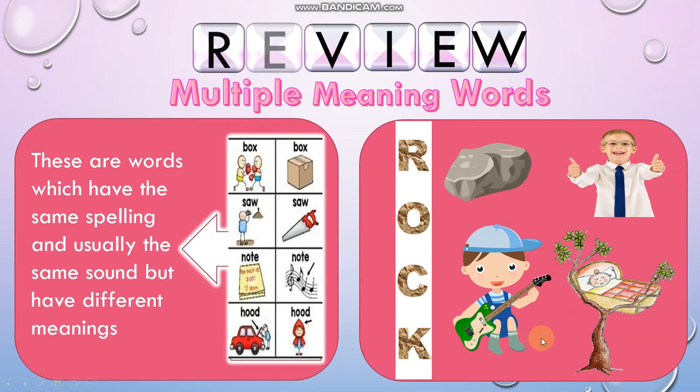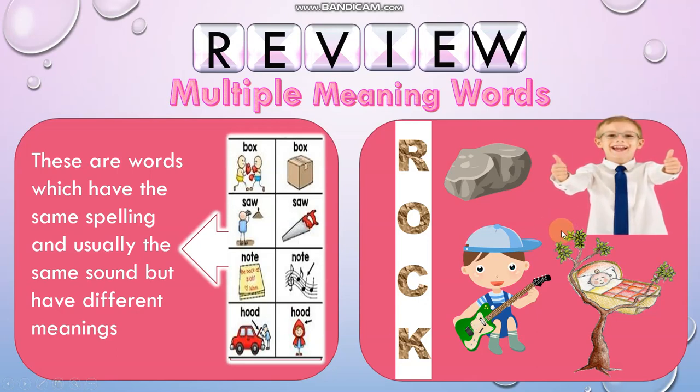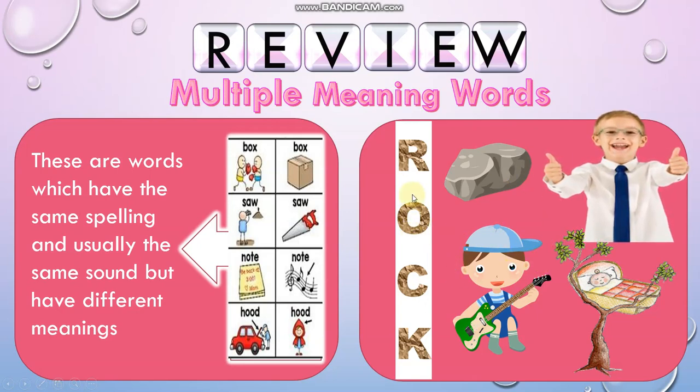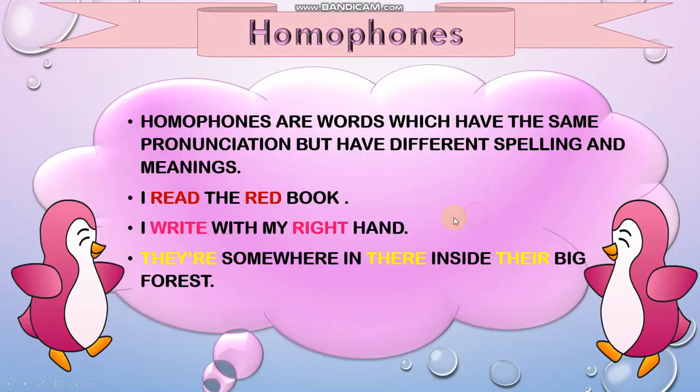And you have the baby rocking in his cradle. So rock-a-bye baby. All these words are the same in spelling and they're pronounced exactly the same way. The only difference is they have different meanings.